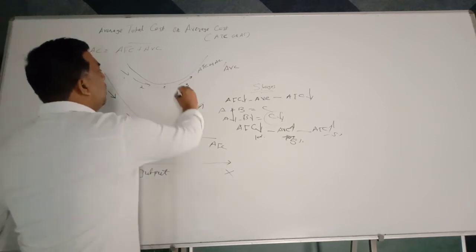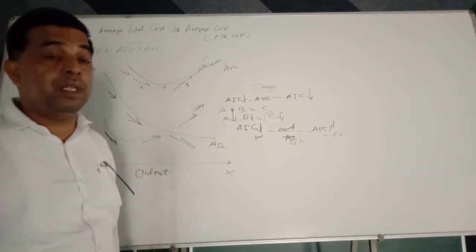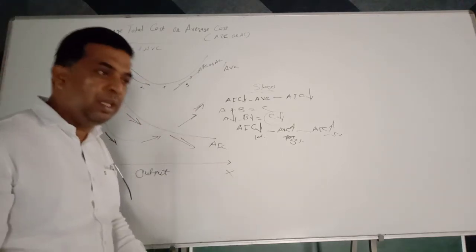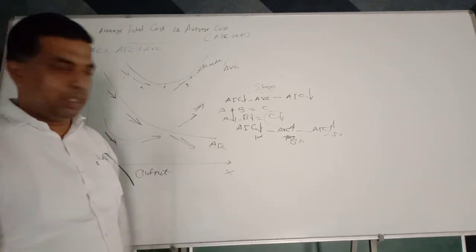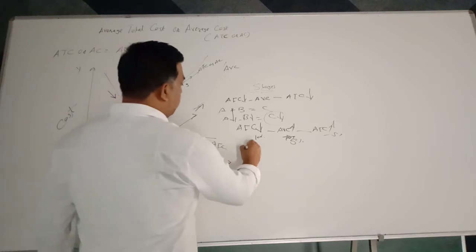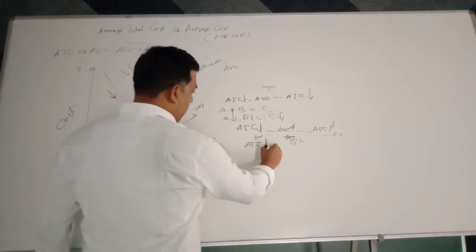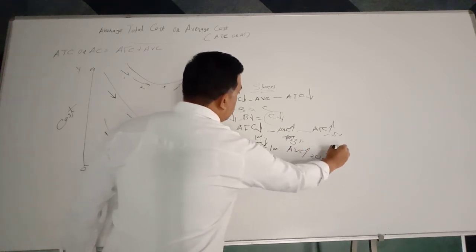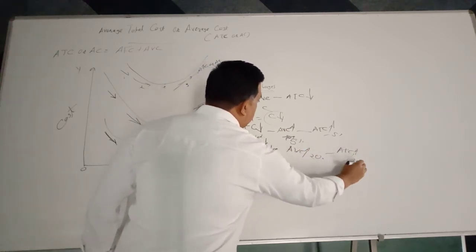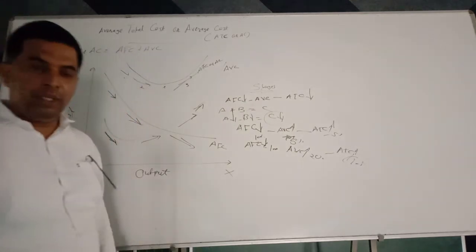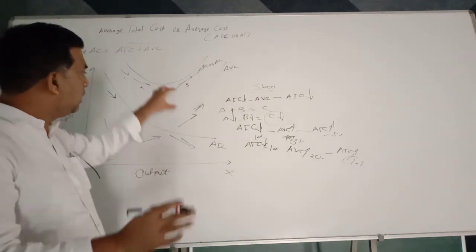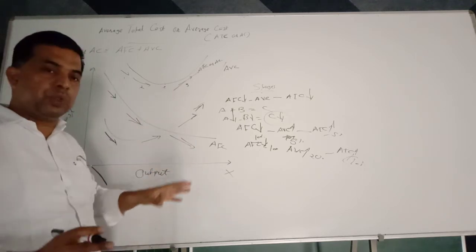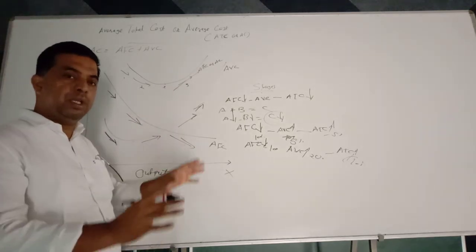Average total cost will also rise. What is the reason? The reason is that rise in AVC is more than fall in AFC. Suppose AFC falls by 10%, AVC rises by 20%, so क्या होगा, ATC will also rise by 10%. Simple. Okay, very simple.